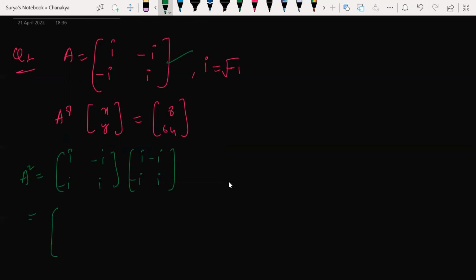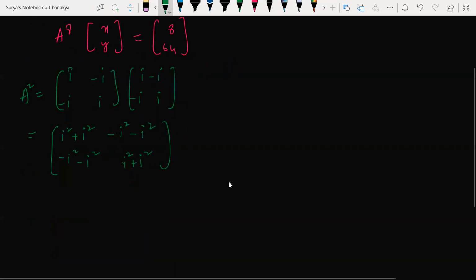I into I square minus, plus I square, and next minus I square minus I square, here minus I square minus I square, I square plus I square.